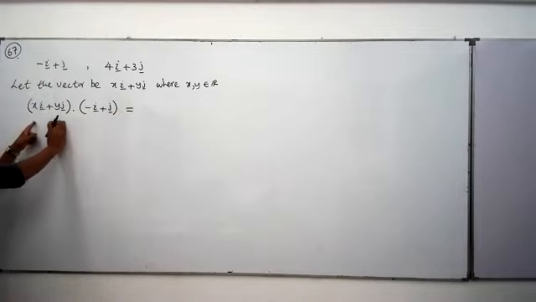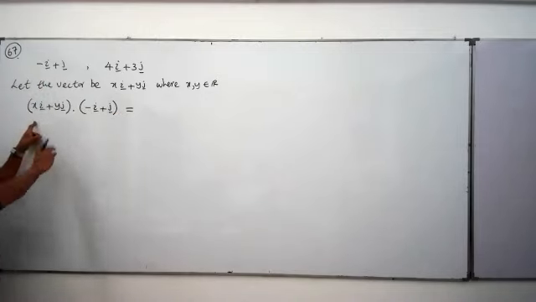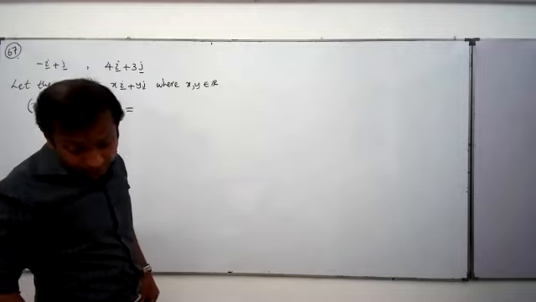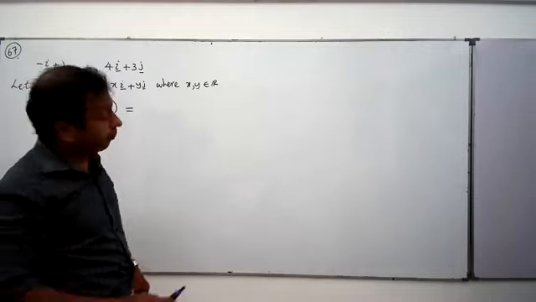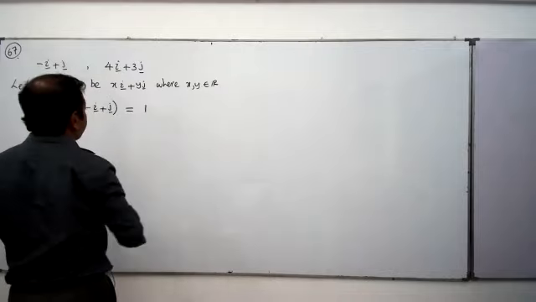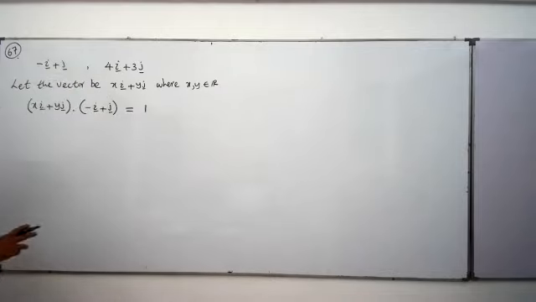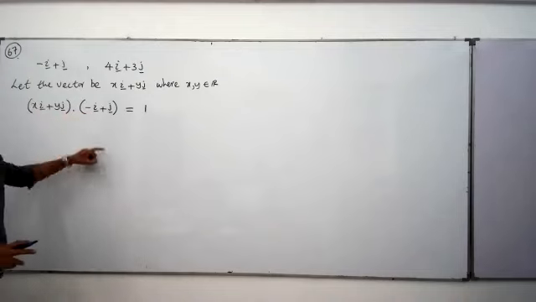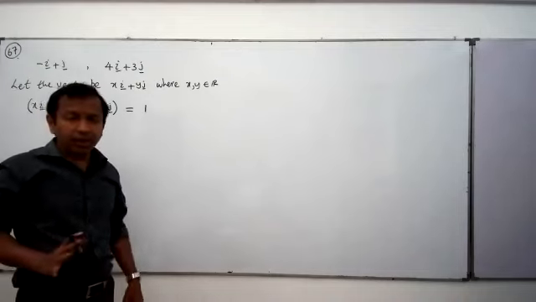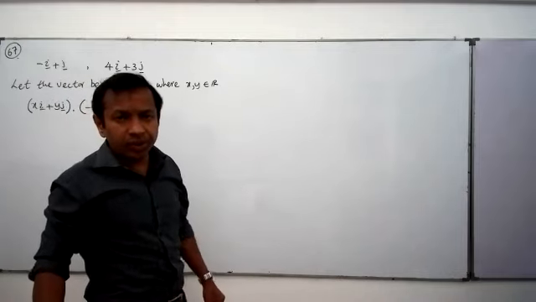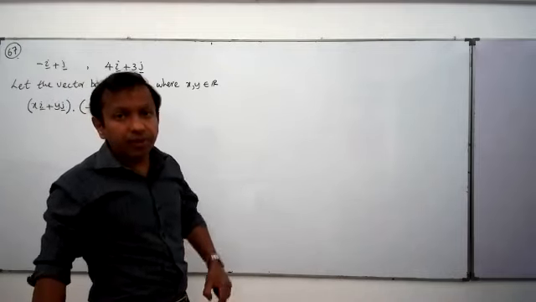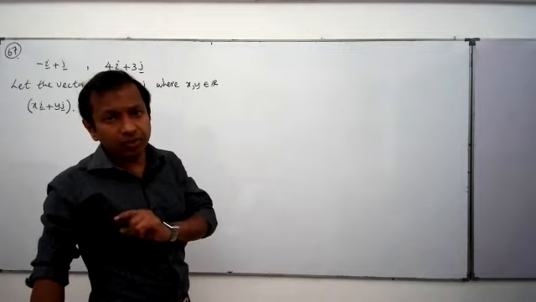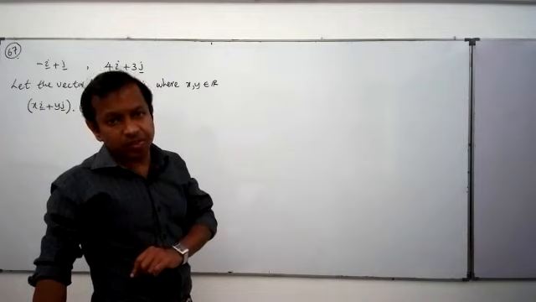The dot product of this vector and this vector is given as the answer 1. Now how to simplify this? This is a vector, this is a vector. Both are having i and j. How to take the dot product between two vectors having i and j? We know the method. What? i coefficients we multiply plus j coefficients we multiply.